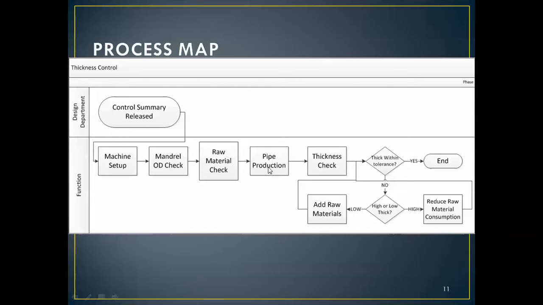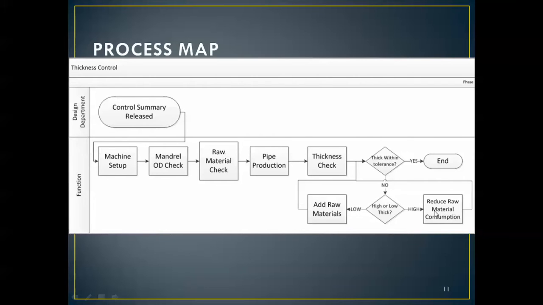Then we carry on production. While producing, the machine operator will check the thickness of the pipe. And here we need to decide whether the pipe is within tolerance or not. If it is within tolerance, we'll continue production. If it is not, we'll see whether the thickness is higher or lower. If it is lower, the operator will add some raw materials.